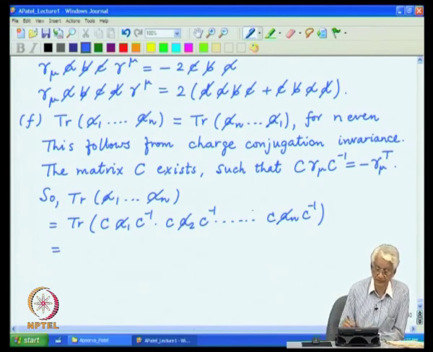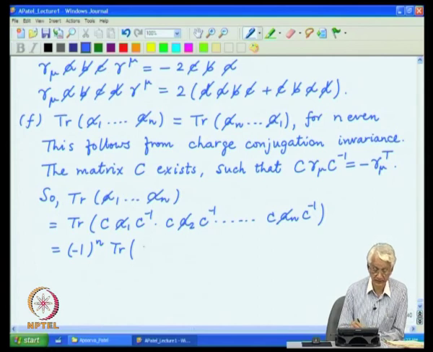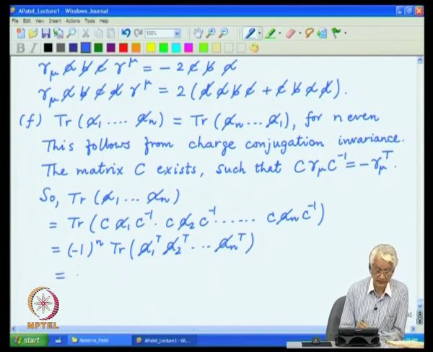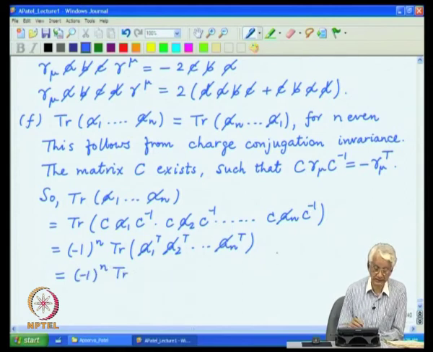Now, we can substitute for every part this identity involving gamma mu transforming to its transpose. There are so many factors which gives minus 1 raised to n, and then the trace is now A 1 slash transpose, A 2 slash transpose, etc. A n slash transpose, but the transpose of individual factors is equal to the transpose of the whole product written in an opposite sequence.